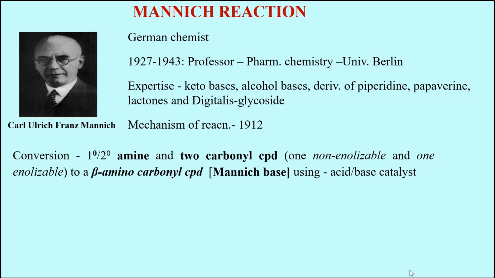In simple terms, a primary or a secondary amine reacts with an enolizable carbonyl compound and a non-enolizable carbonyl compound to give a beta amino carbonyl compound. These beta amino carbonyl compounds are called as Mannich bases. This reaction can be worked out in the presence of acid or base as catalyst.